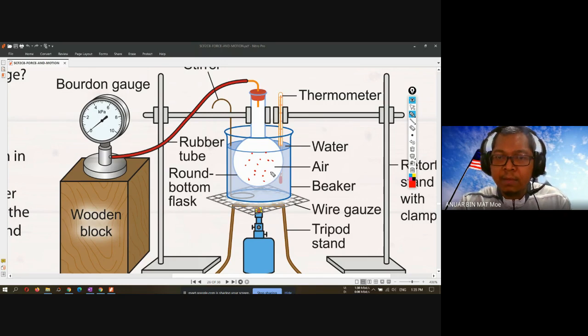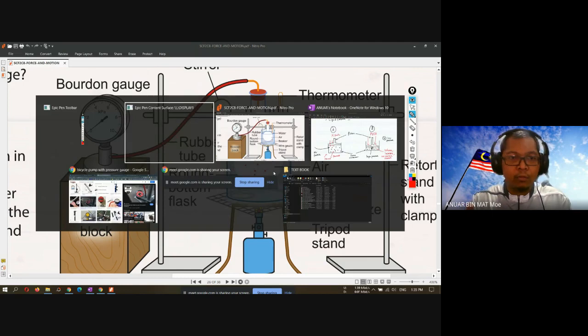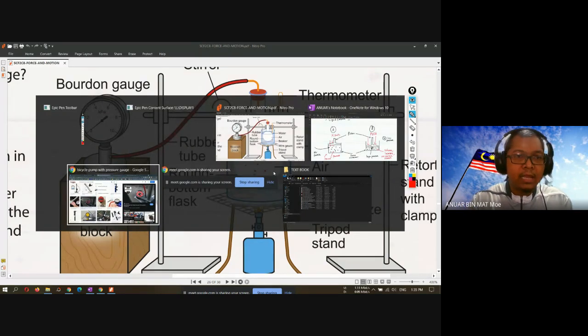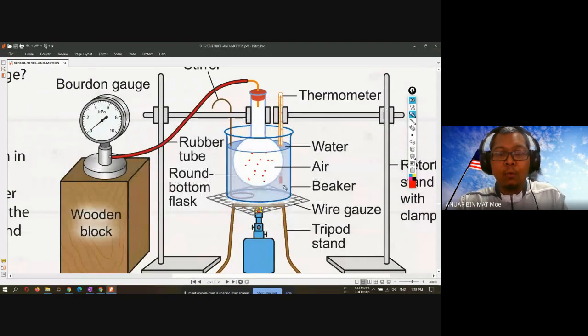Before I heat the air inside the container, it moves. But when I heat the air more, it will move much faster and much more vigorously.